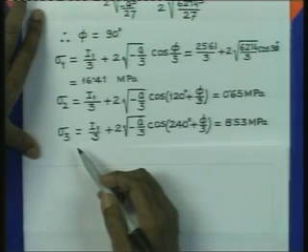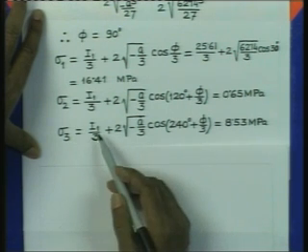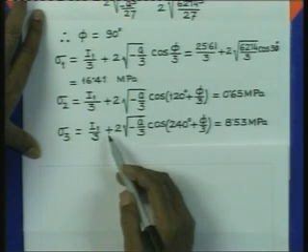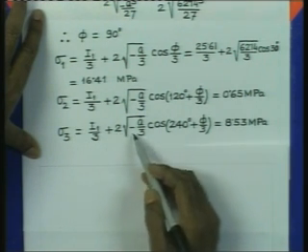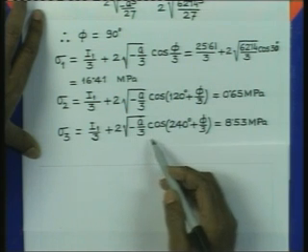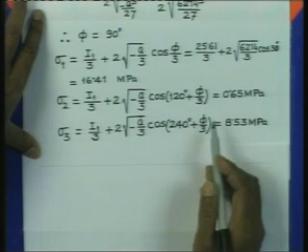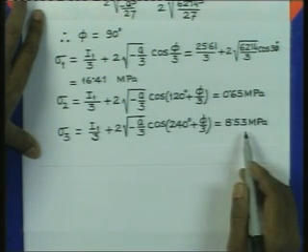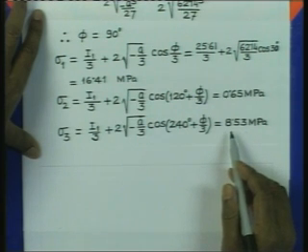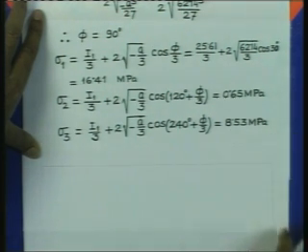If we now take the last one, it is going to be I1 by 3 plus 2 square root minus a by 3 cosine 240 degree plus phi by 3. Again, on some simplification, this is equal to 8.53 MPa.